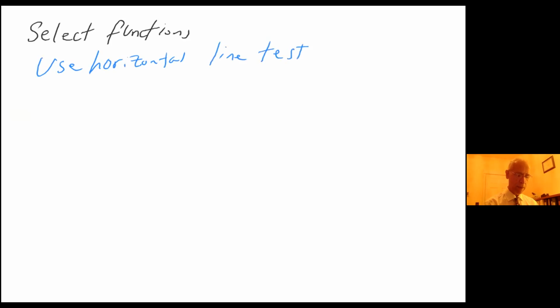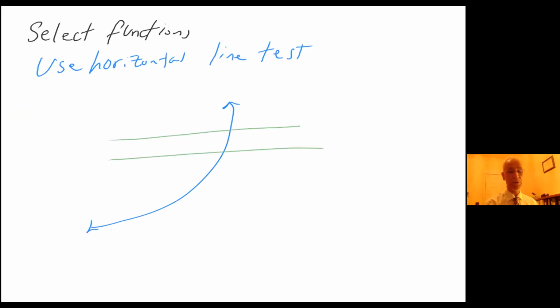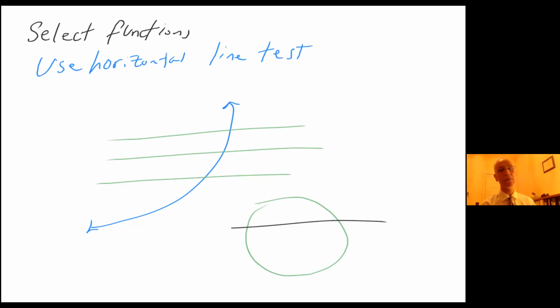So let's see. Does this represent a function? Yeah, because every horizontal line you draw hits the graph only once. Is this a function? It is not, because a horizontal line hits it more than once. So keep in mind that when you're working with graphs, you can always just keep the horizontal line test in mind.